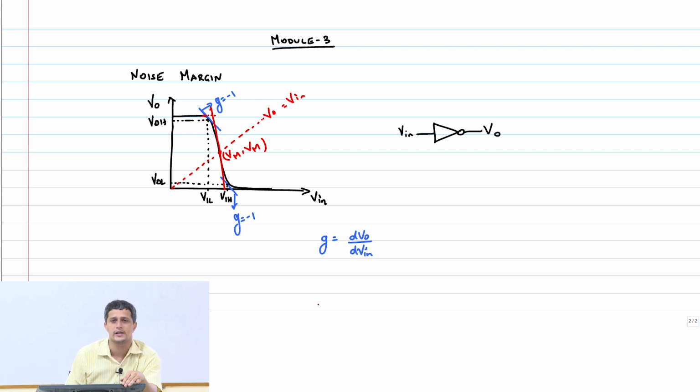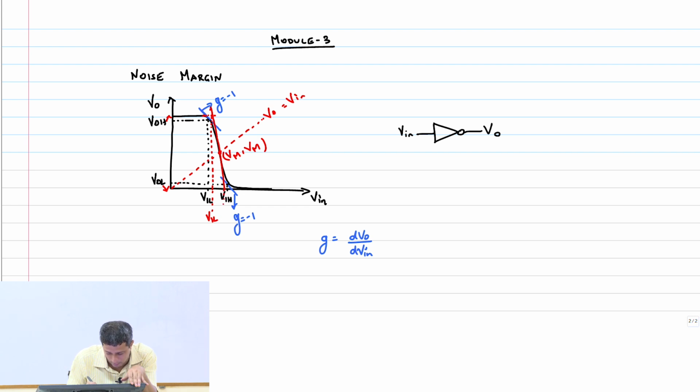So the first point is VOH is actually nearly VDD and VOL is nearly ground. This is true whether it's a real transistor or the ideal case, it doesn't matter, right? So VOH, if you are going to approximate as VDD, is not a big problem. So we can take the intersection, and this point we said we would call VIL.